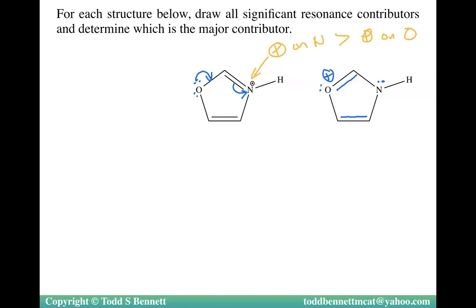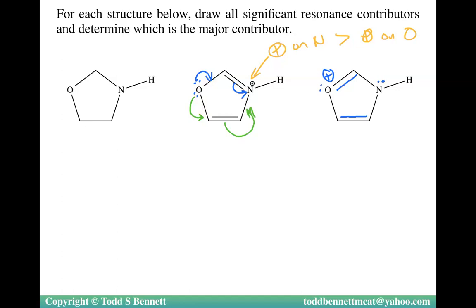Okay, I'm going to try one more contributor and see if I can somehow get there. So the other contributor, if I'm doing this right, I want to see if this lone pair can push in. And that can go there. But if I did that, that would just end up giving me 5 bonds to nitrogen, which it can't have. If I moved over here to oxygen, that would end up giving me 1, 2, 3, 4 bonds to oxygen.